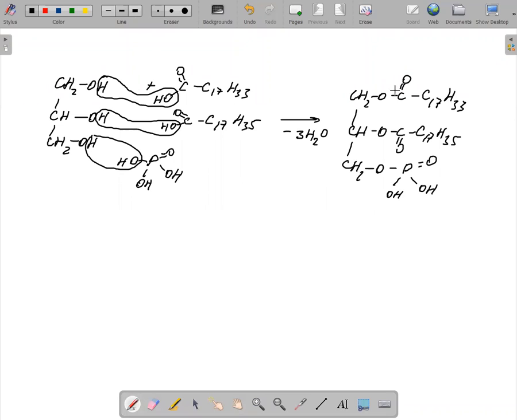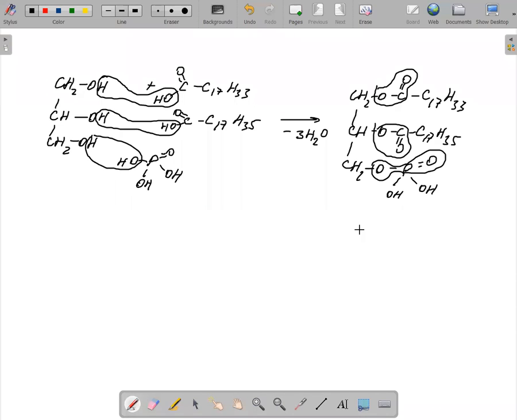Functional groups in this glycerolipid, complex lipid: three ester bonds, O-C double bond O and O-P-O, like in molecules of nucleotides, because the reaction, even a formal reaction between an alcohol and an acid, leads to formation of an ester. So this is an ester bond.